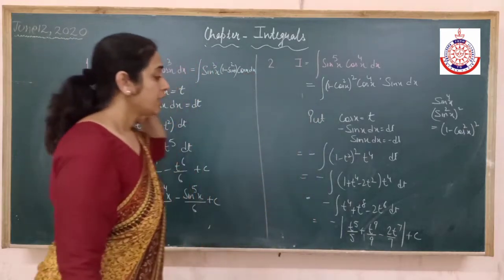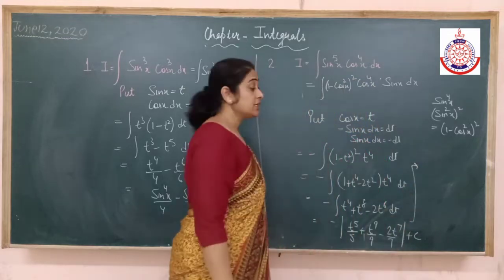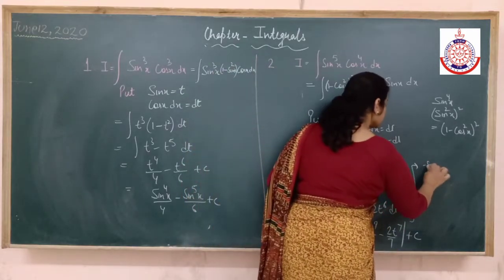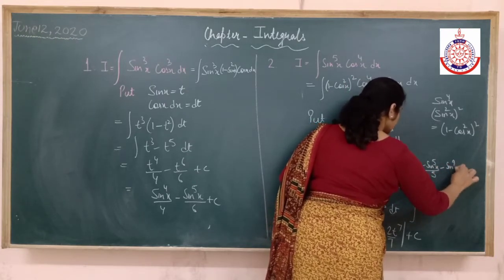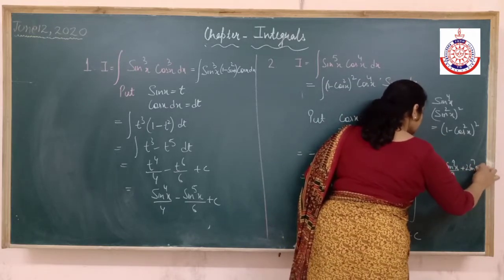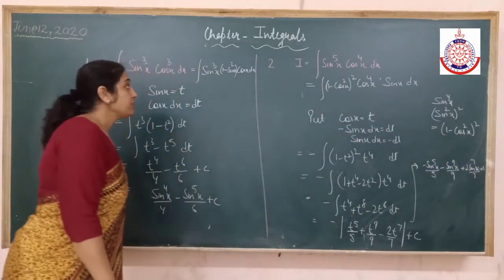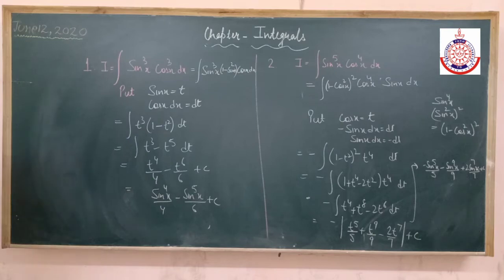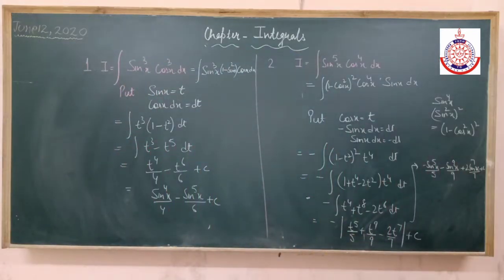Plus c. Put the value of t here and adjust this negative also inside. Clear to everyone? So whenever we have both odd powers, I can put any, but when we have one even, one odd, I'll put the t ratio which has even power, so that our question becomes easier to solve. Let's do more examples.